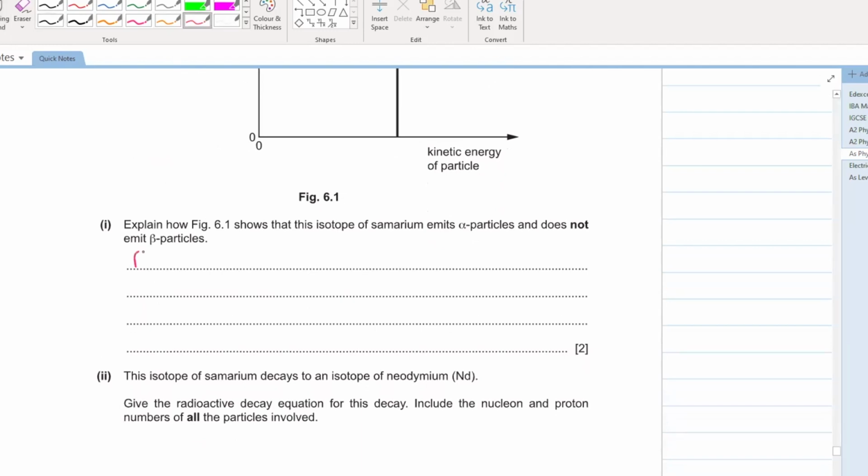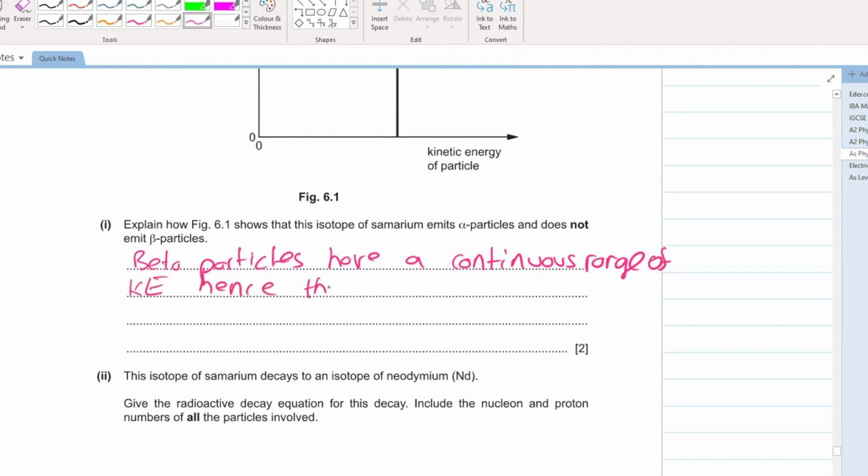Beta particles have a continuous range of kinetic energies. Hence, they are not emitted, as seen from the graph.